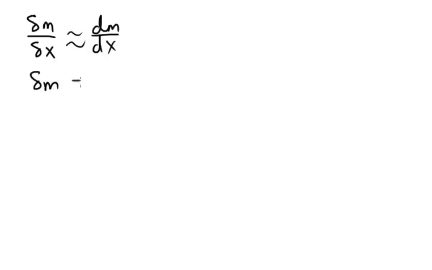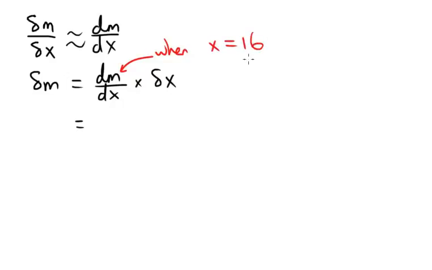We can find delta m by utilizing the relationship we have, which is delta m over delta x approximately equals dm/dx. So delta m equals dm/dx times delta x. What would be our dm/dx when x is 16?